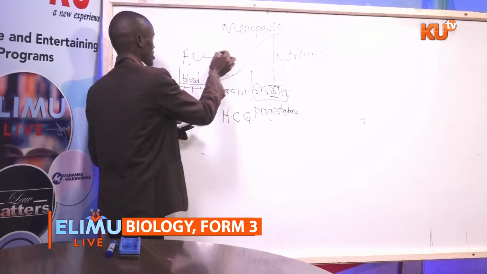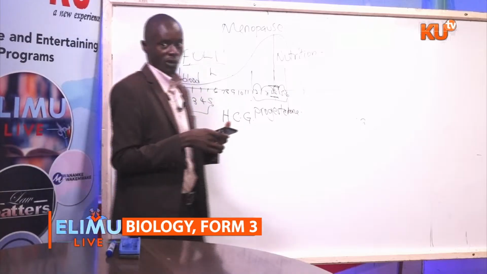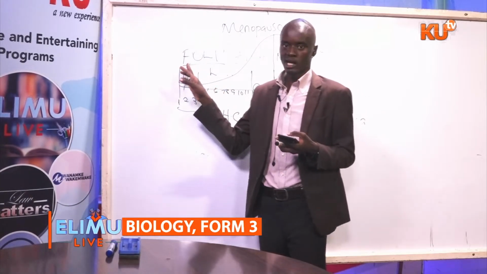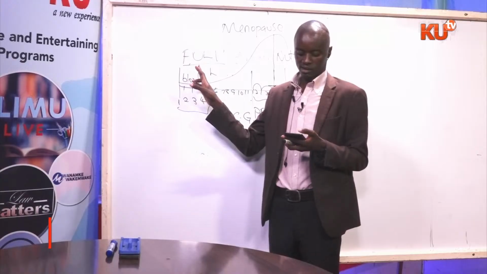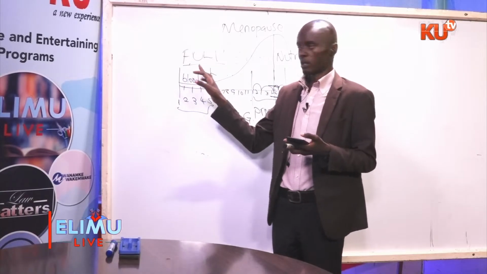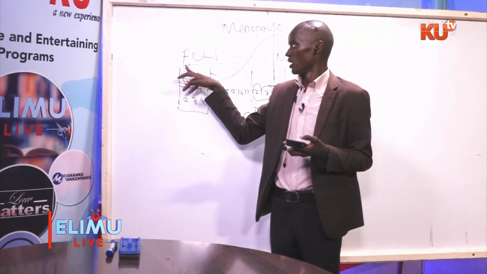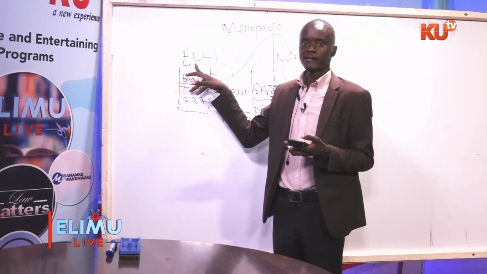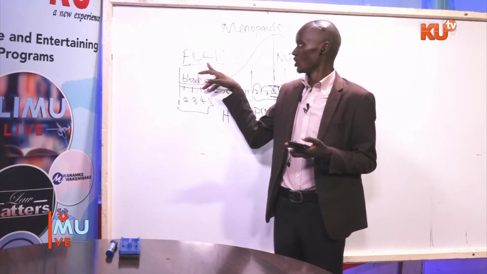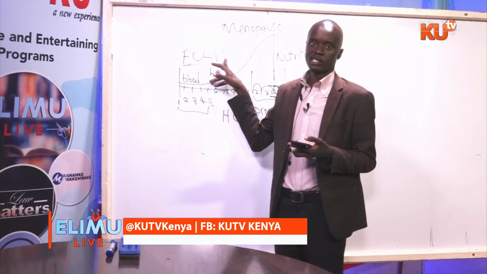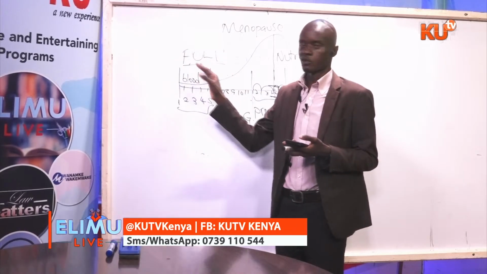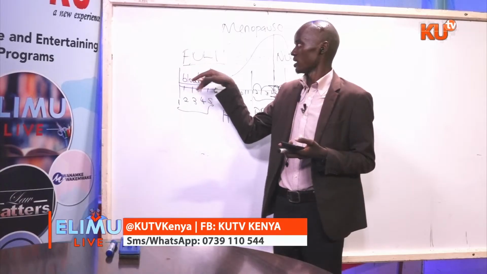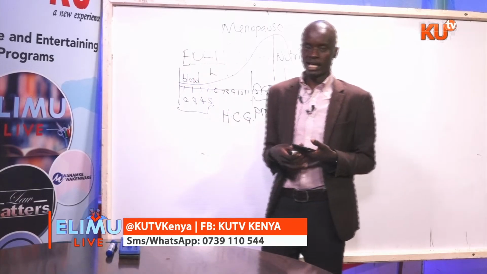We write it this way. That is the follicle stimulating hormone, estrogen, luteinizing hormone, and progesterone. So these hormones are produced in this sequence, follicle stimulating hormone being the first and progesterone being the last.